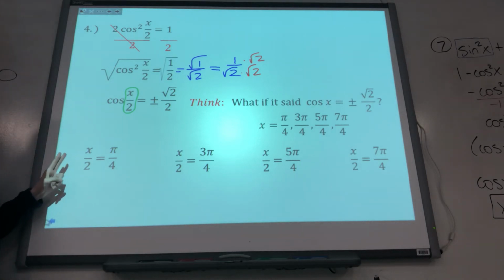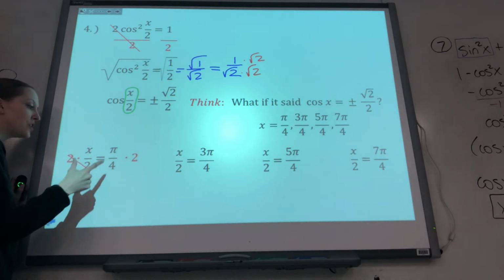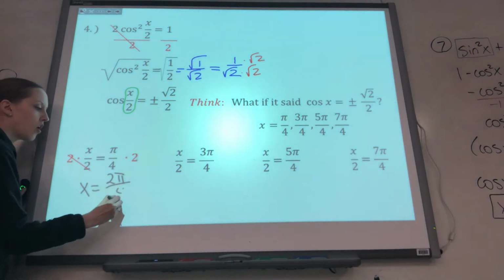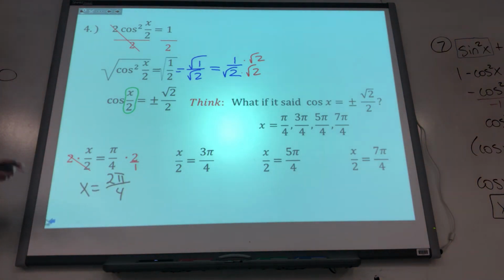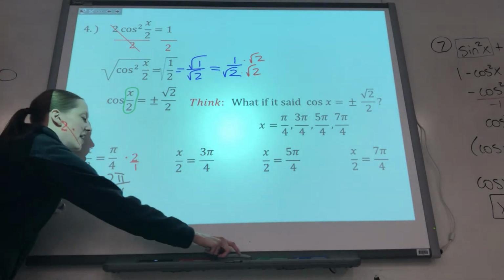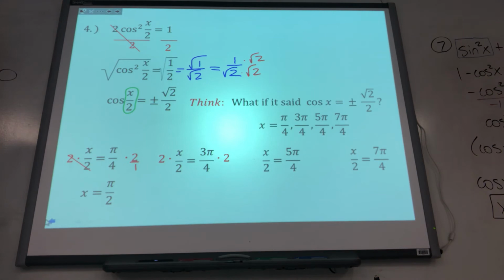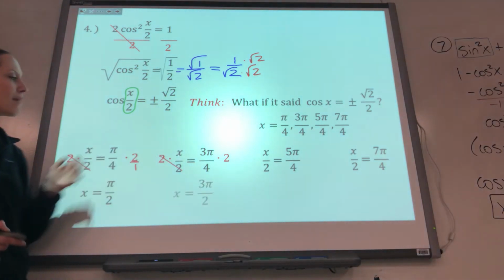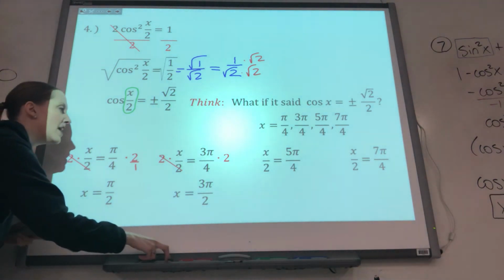Okay, so what am I going to have to do on all of these to get x by itself? Yep, multiply everything by 2. Now you will have to reduce 2 pi over 4. You can put that over 1 if you want. That would reduce to just pi over 2. Then the second part, multiply by 2, you get 6 pi over 4. But divide by 2 on top and bottom, that would be 3 pi over 2.